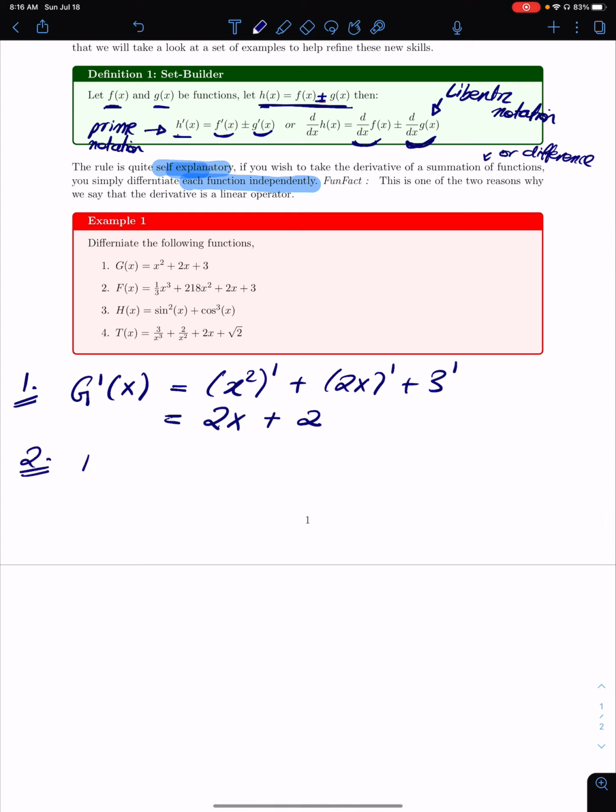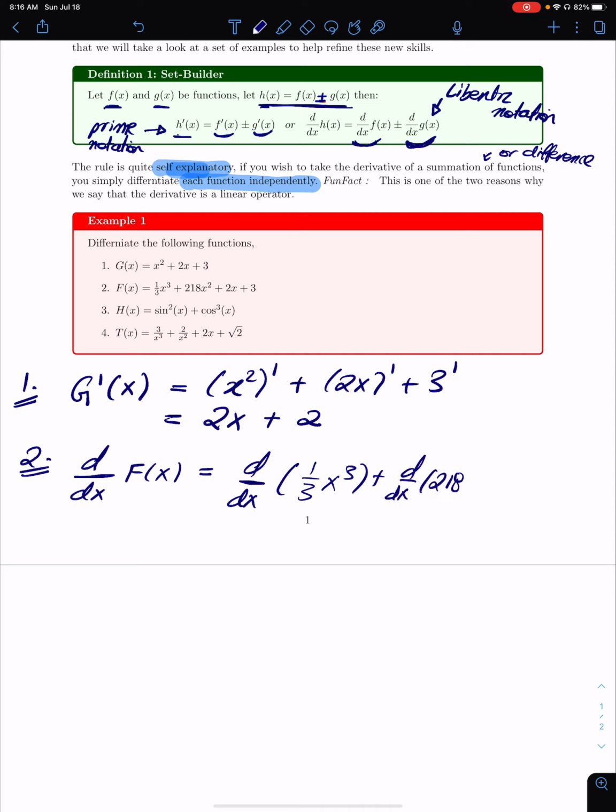Question number 2. Now I'll switch over to Leibniz notation, just preference, again. If we want the derivative of capital F of x here, again, it's just the derivative of a third x cubed plus the derivative of 218 x squared plus the derivative of 2x plus the derivative of 3.